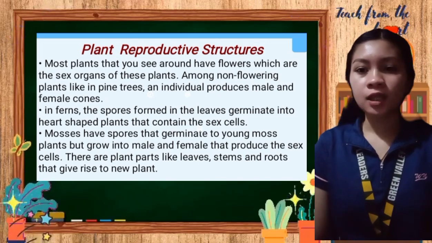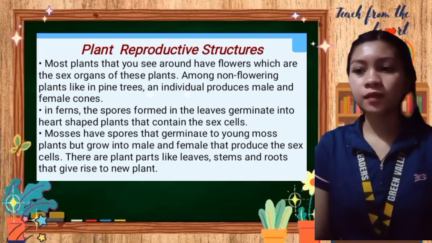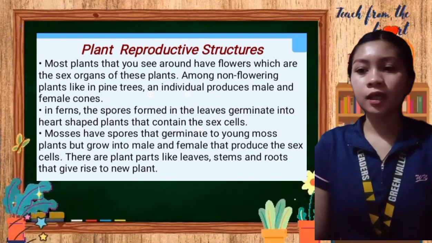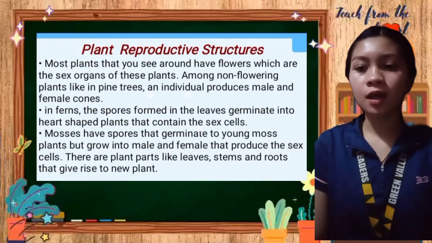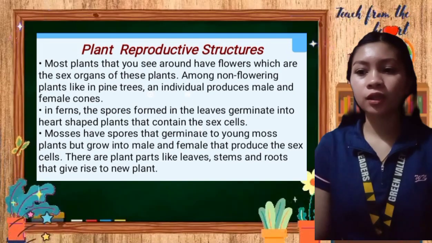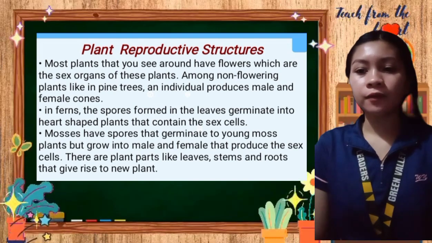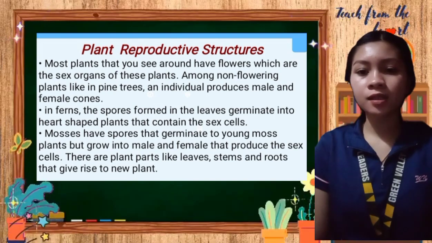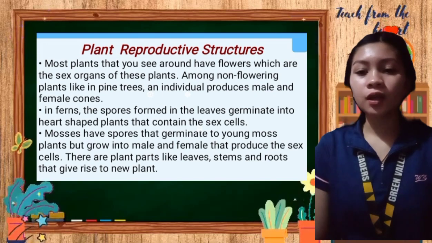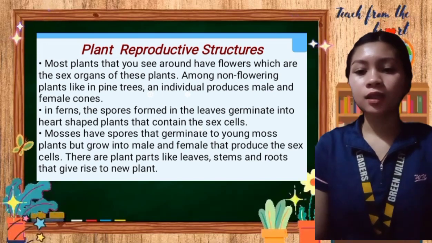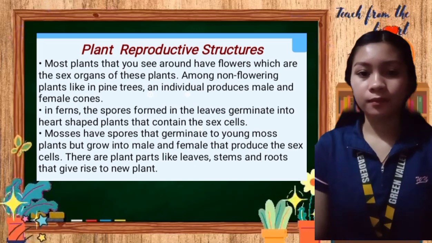In ferns, the spores formed in the leaves germinate into heart-shaped plants that contain the sex cells. Mosses have spores that germinate into young moss plants, which grow into male and female plants that produce the sex cells. There are plant parts like leaves, stems, and roots that give rise to a new plant.